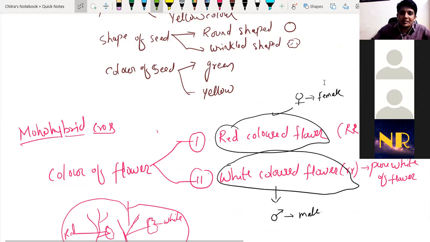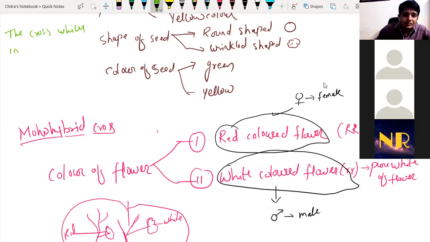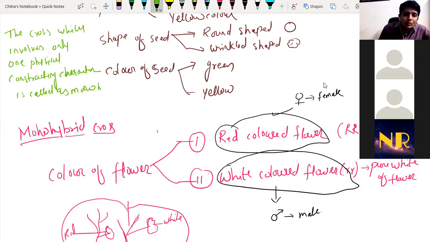I'm going to write the definition over here so that you can understand. The cross which involves only one physical contrasting character is called a monohybrid cross.